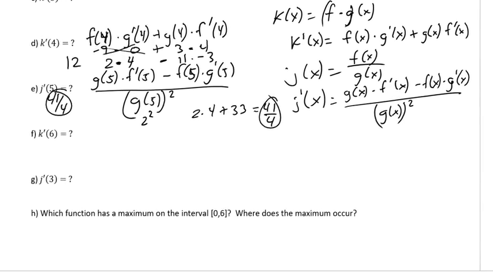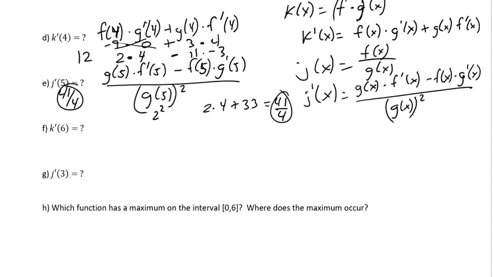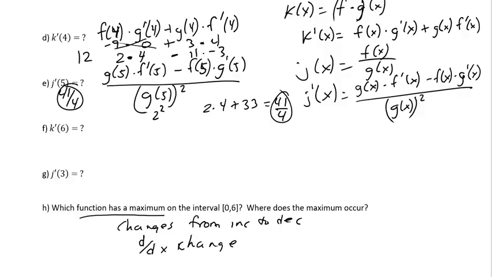And let's look at the last question here. Which function has a maximum on the interval 0 to 6? Where does the maximum occur? Well, a function has a maximum when it changes from increasing to decreasing. Its derivative changes from positive to negative, and many times the derivative is 0.